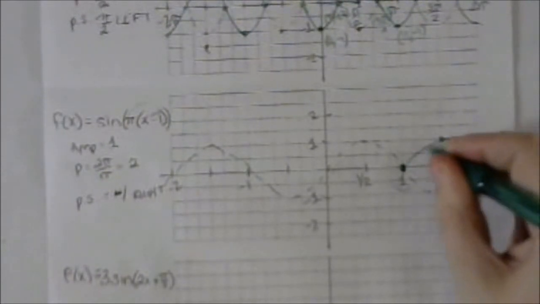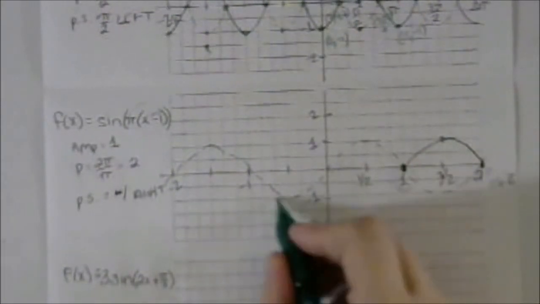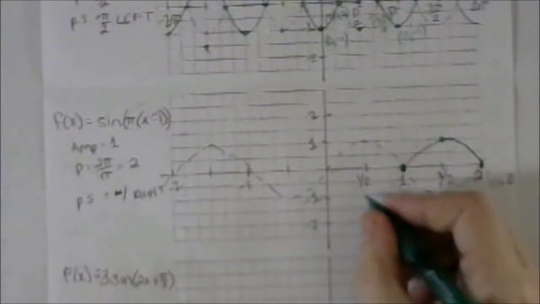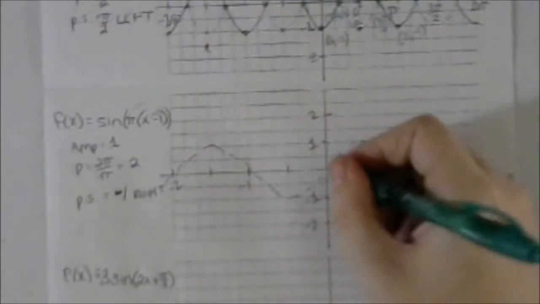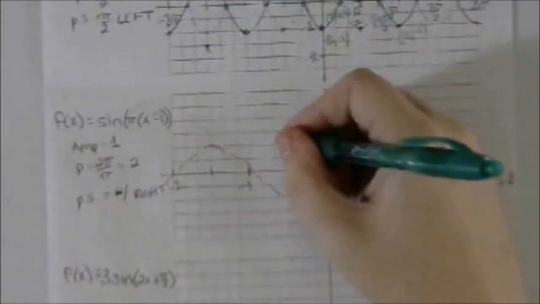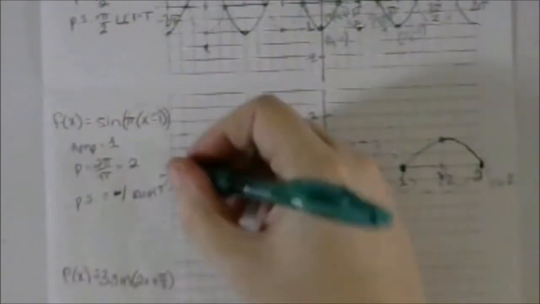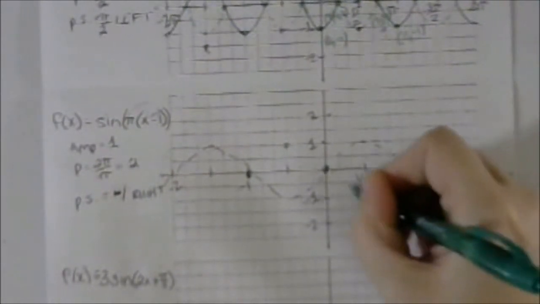But again, if you recognize the pattern for sine, for every up curve, you need to have a down curve, or you can start from these points and move them 1 to the right. Here we go.